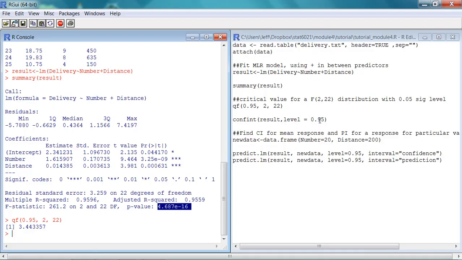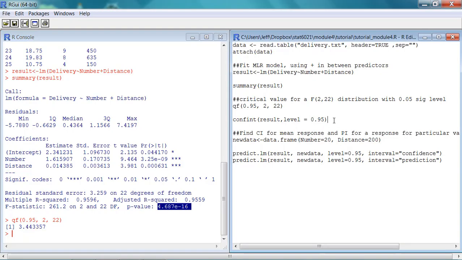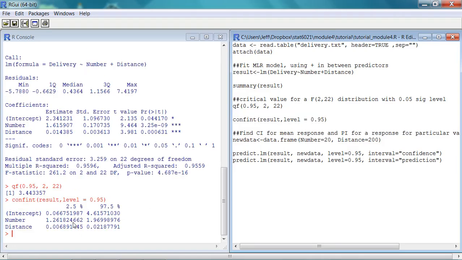To find the confidence intervals, it's the same thing as before with simple linear regression. We're using the confint function, your linear model, as well as whatever confidence level you want, say 95%. That gives the lower and upper bounds of your intervals. Some other things we can do are to find the confidence interval for the mean response and the prediction interval for a response for specific values of the predictors.